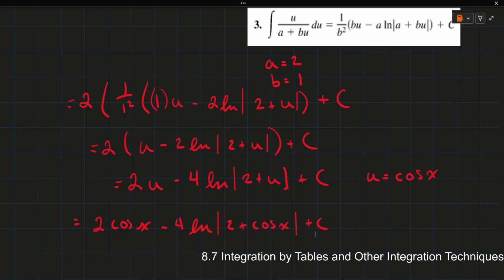So don't become overly reliant on the tables. You still need to know your integration techniques. You still need to practice those techniques. But this is definitely a helpful tool to guide you in your journey up the mountain of integration.